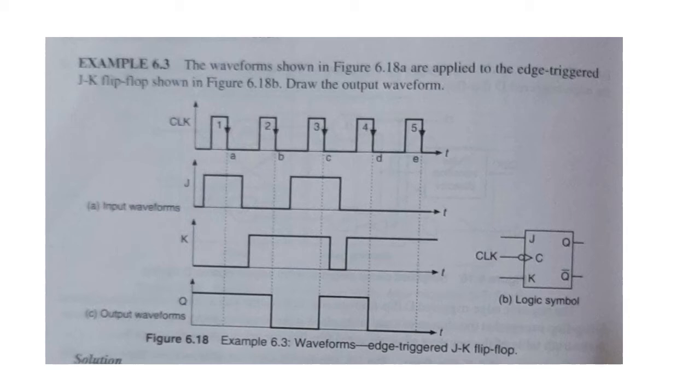Now assume that the output Q is at level high. On the first negative edge of the clock, we can see that the value of J is high and K is 0. When J is high and K is 0, the flip-flop will have the value high until the next negative edge of the clock pulse.